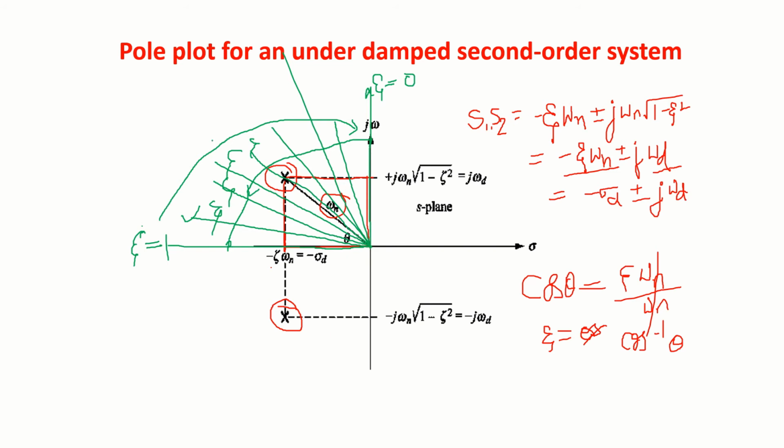These are all constant zeta values. Now, let us say keeping zeta omega n constant, let me come to that later. I hope you understood, these are constant zeta lines.